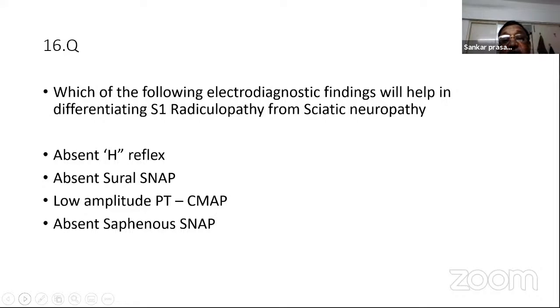Which of the following electrodiagnostic findings will help in differentiating S1 radiculopathy from sciatic neuropathy? This is a very interesting question.